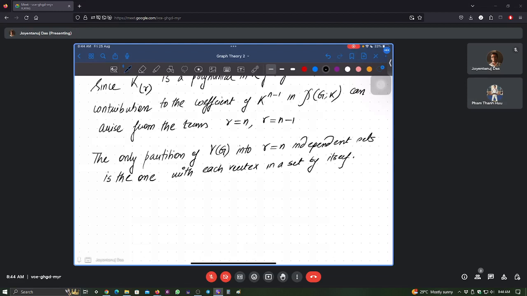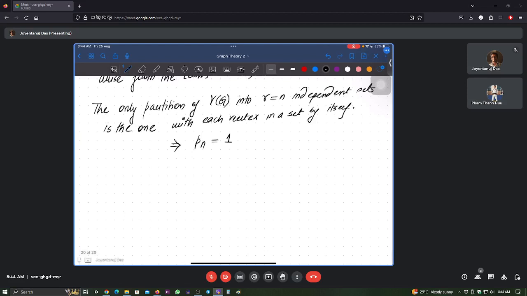How many such partitions are there? There is only one such partition, so this implies that P of n, the number of partitions, is one, right?